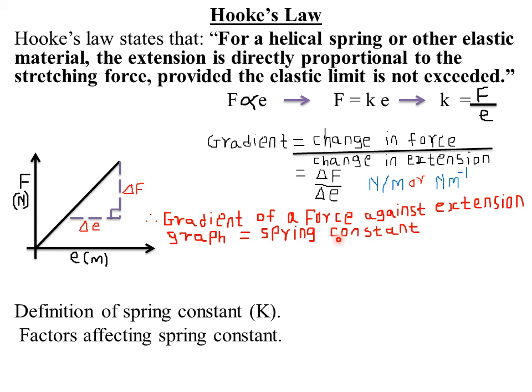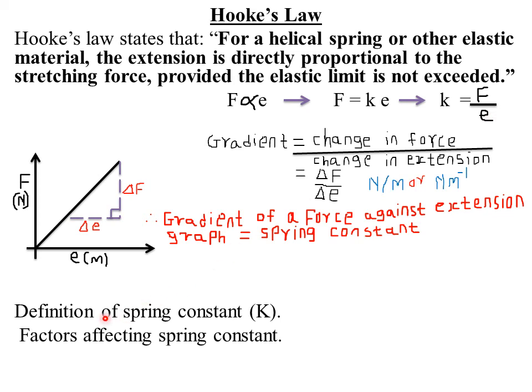Alternatively, somebody can give you data to draw the graph and obtain the gradient, then ask you what the gradient represents. Again, the gradient will always be equal to the spring constant. Even the SI units of the gradient are the same as the units for K, which is Newton per meter.